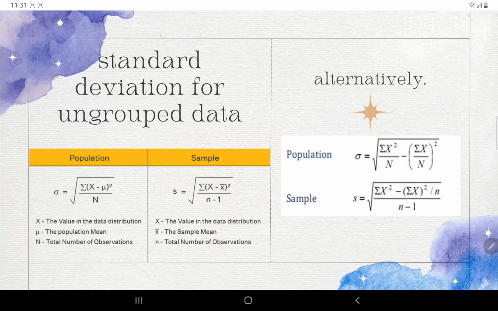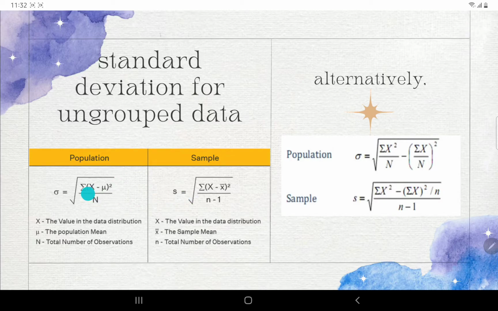As I said just now, the notation for standard deviation for population is sigma, and for sample is S. The population standard deviation can be calculated using this formula, and the sample standard deviation can be calculated using this formula.